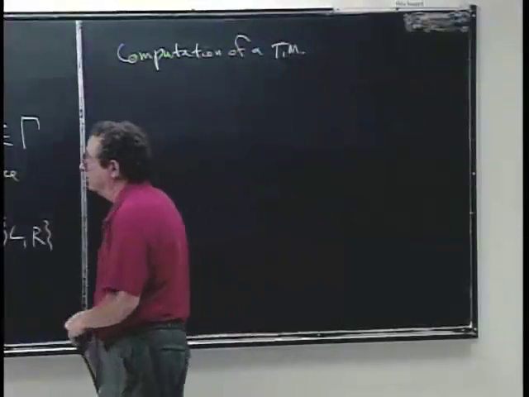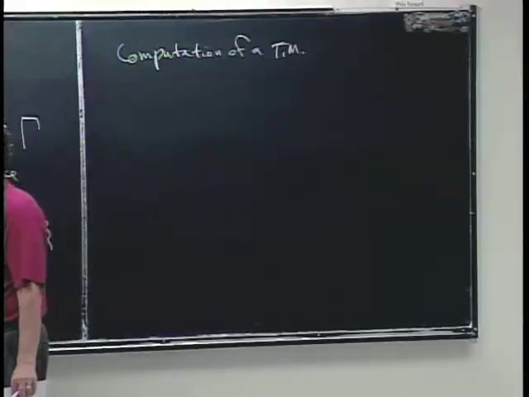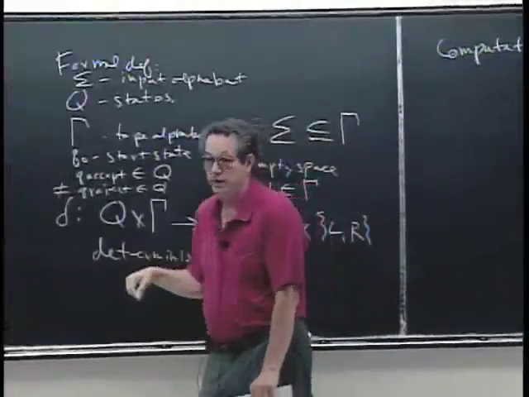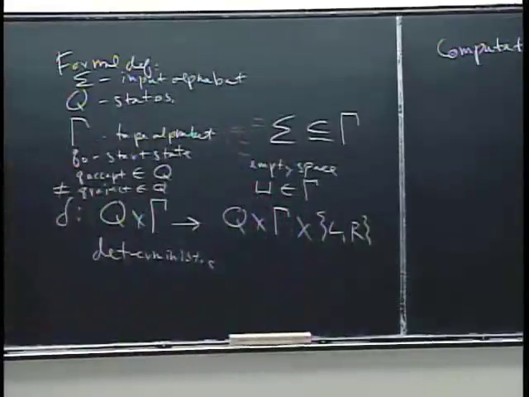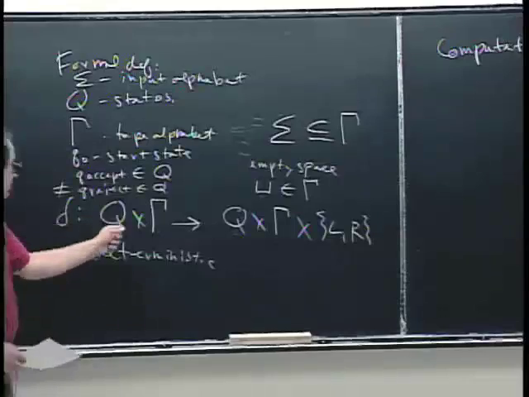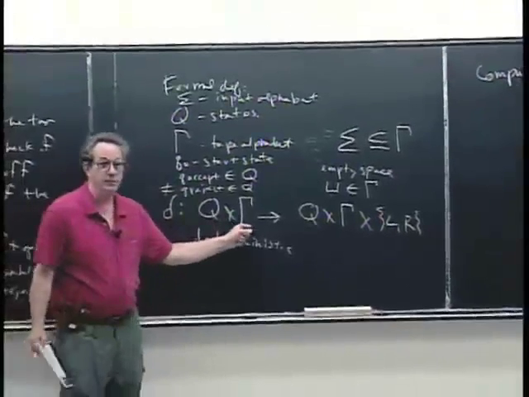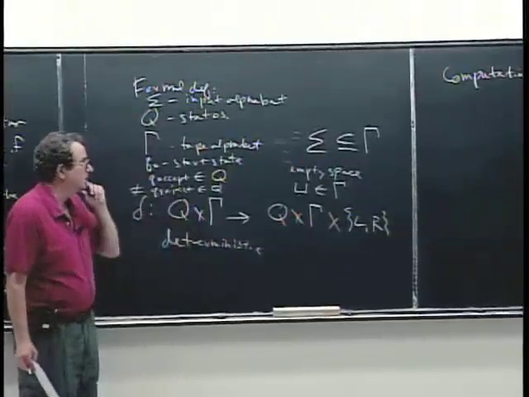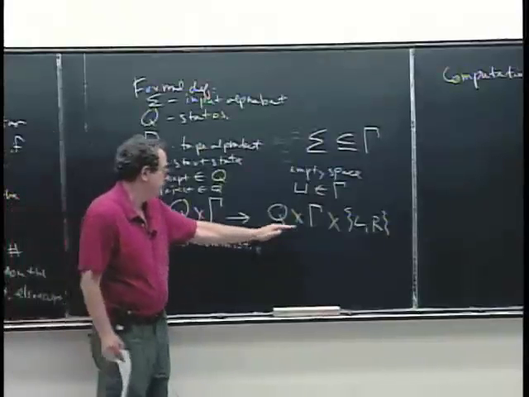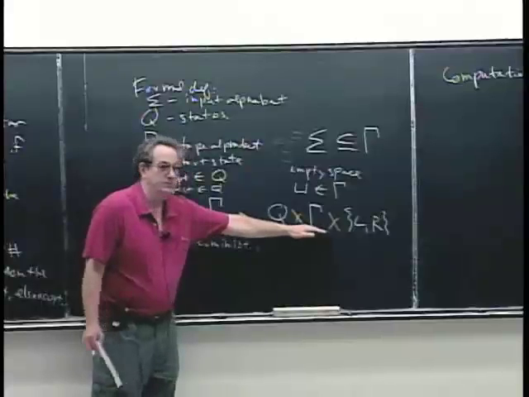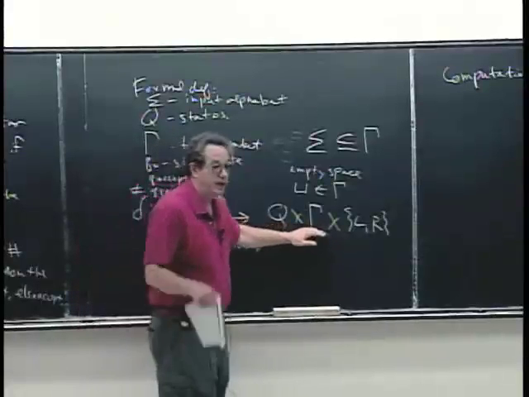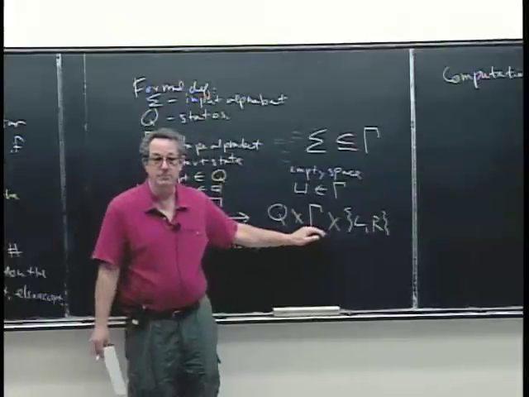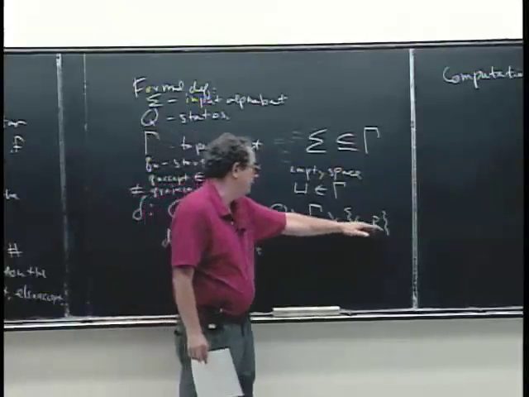Well, I said a minute ago that you start in the start state, of course, and we know where the read head is at that moment. The read head is on the left end of the input, and therefore we have a state that we're in, we have what's being read on the tape, and therefore there's a transition rule, if you've programmed it appropriately, which says what state you go into next, what you write on the tape, if you write anything, overwriting the symbol that the read head is looking at, and then whether you go left or right.